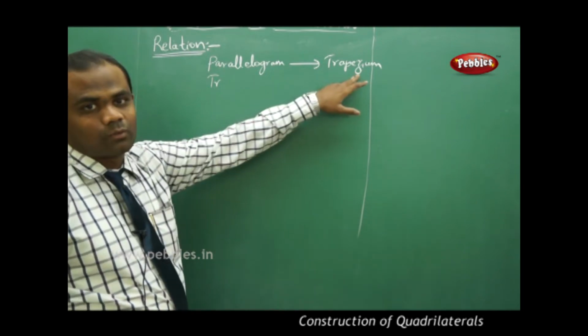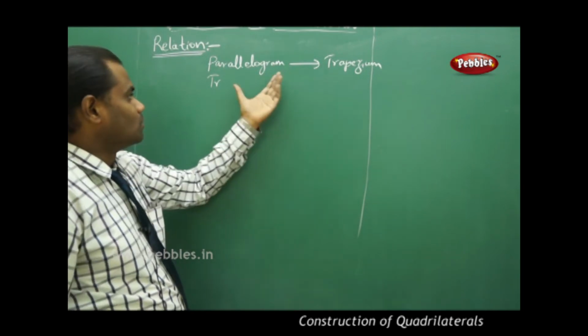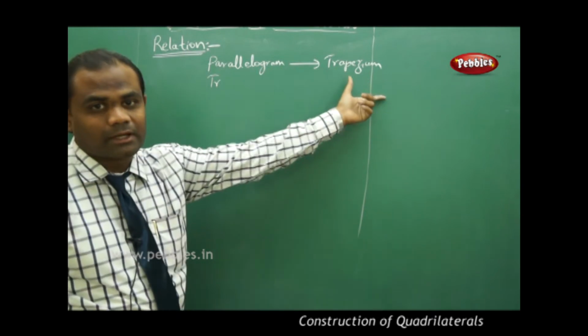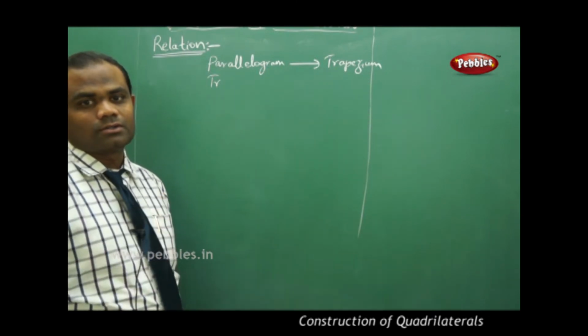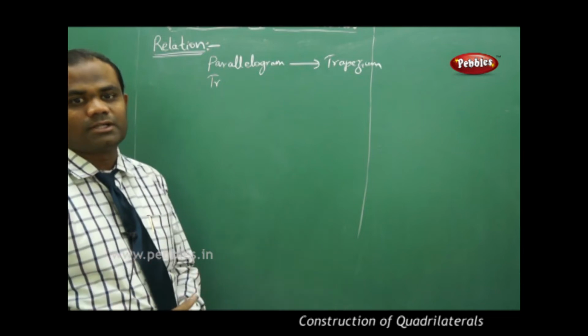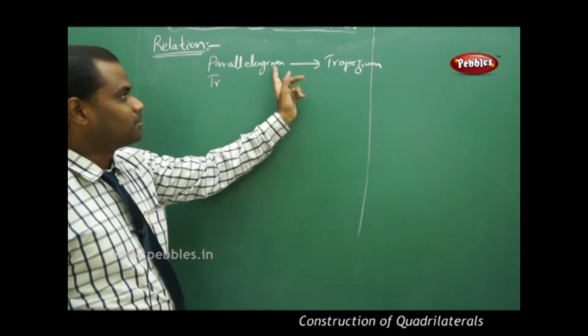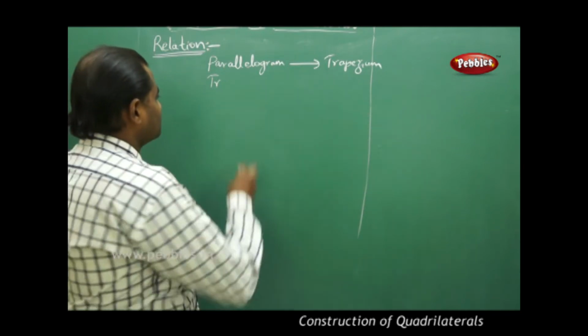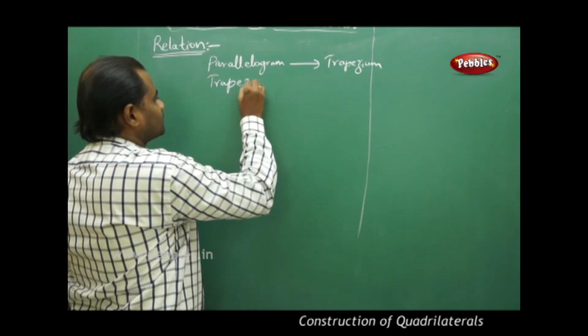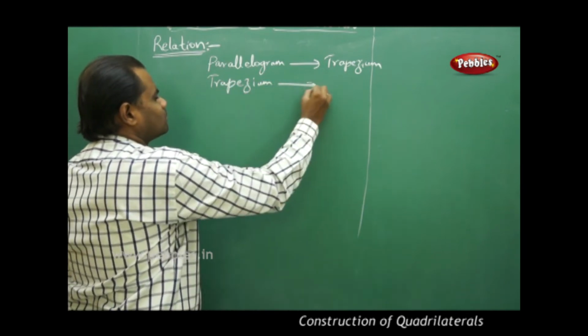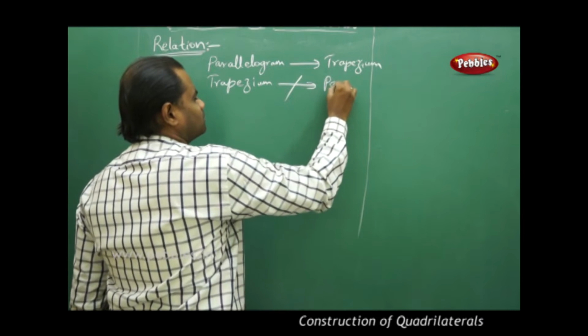In case of a trapezium, one pair of sides is parallel. So every parallelogram can be considered as a trapezium because one of its pairs of sides is parallel. So in that case, every parallelogram is a trapezium, but every trapezium is not a parallelogram.